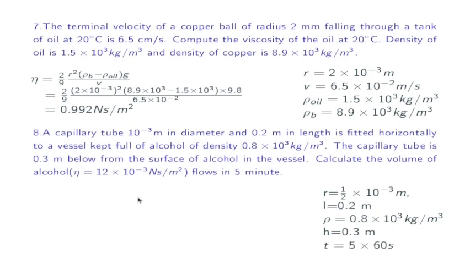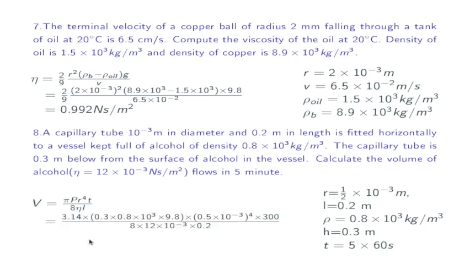Eta is given, for 5 minutes, that is 5 into 60 seconds. So V is equal to pi P r raised to 4 T by 8 eta L. All the values are given. H is 0.3, P is H rho g. We have 7.21 into 10 raised to minus 6 meter cube.